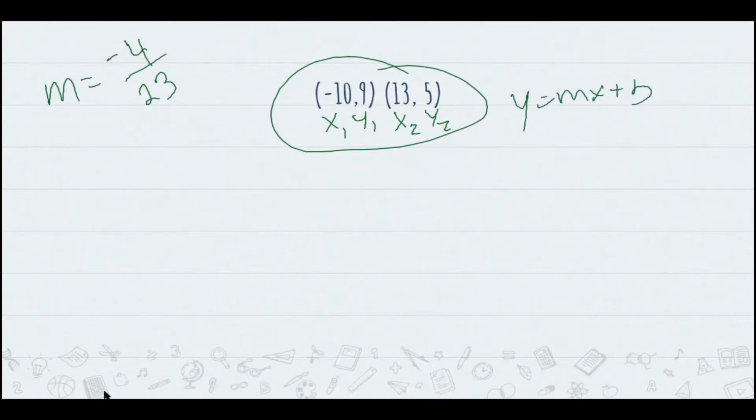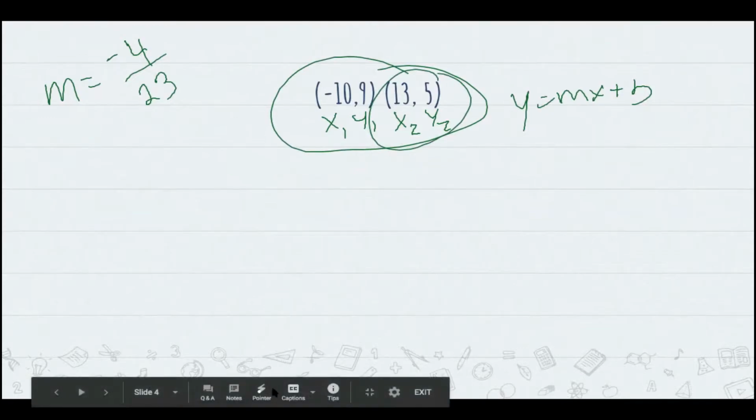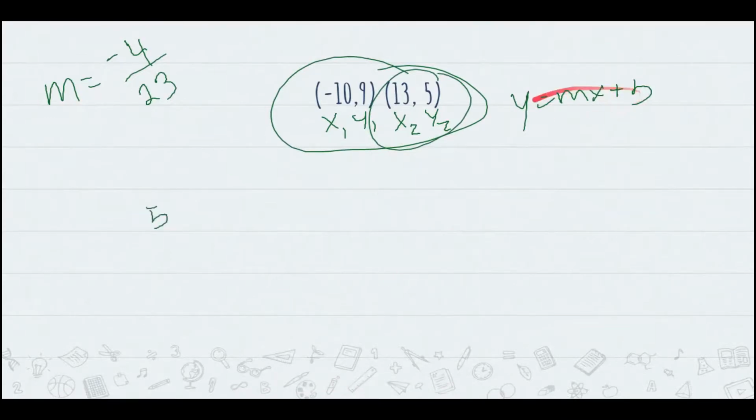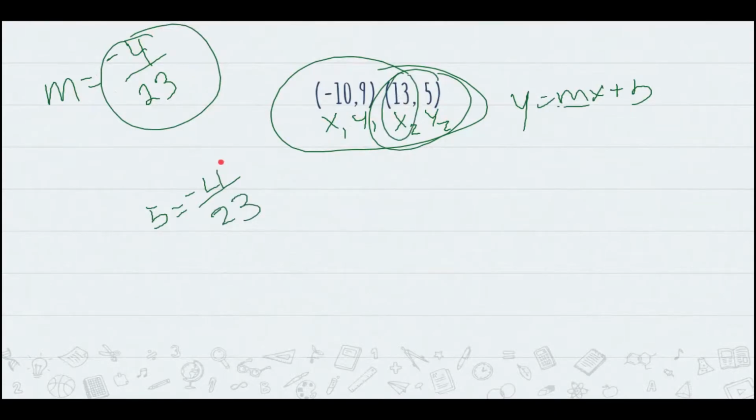I'm going to choose this coordinate point. So our y in this coordinate point is 5, and our m is this, and then our x value is 13, plus b.